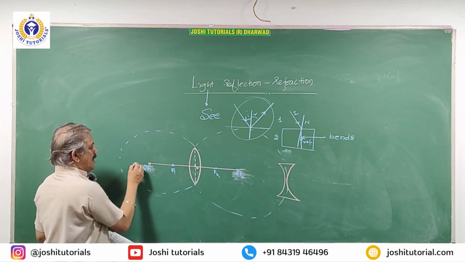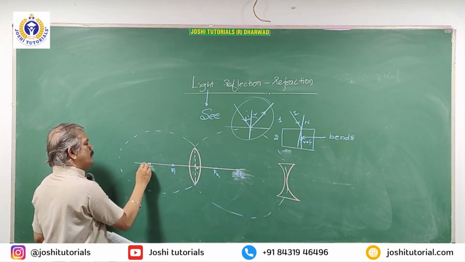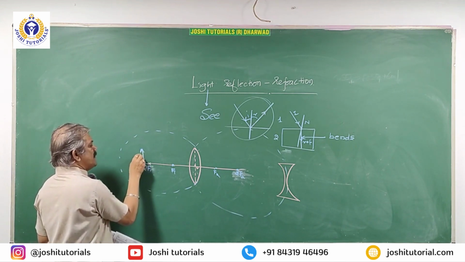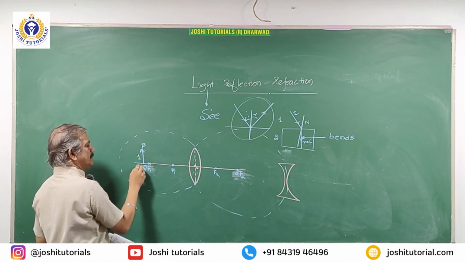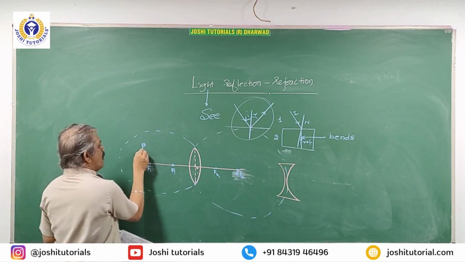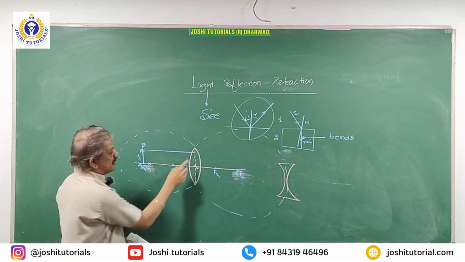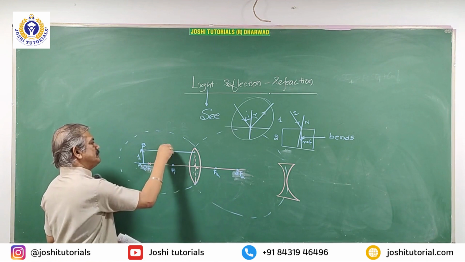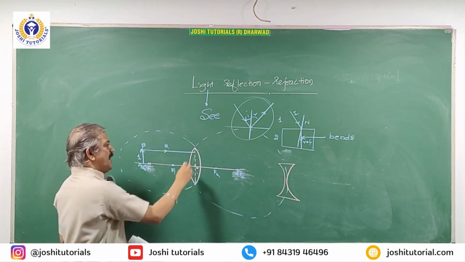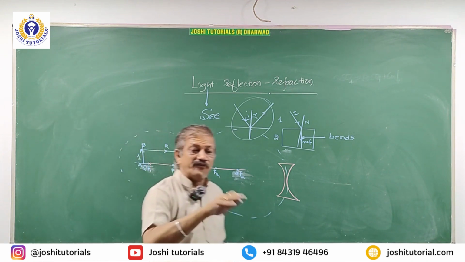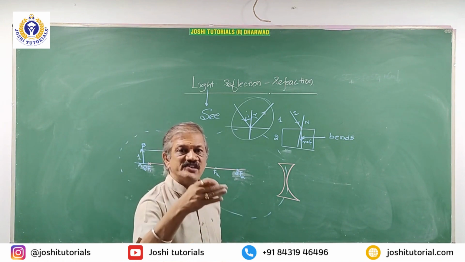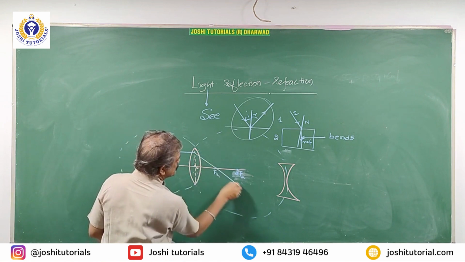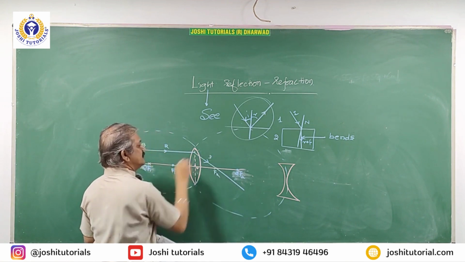Now, when you keep the object beyond 2F1, you have to draw first the object AB. Draw parallel, be careful, touch this line. You call it 2. Here, it undergoes refraction. It changes its direction. It bends towards the third.